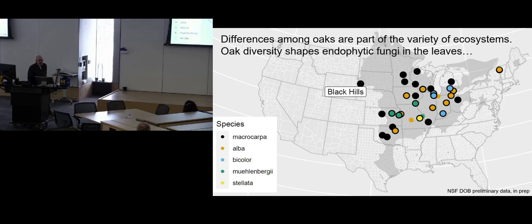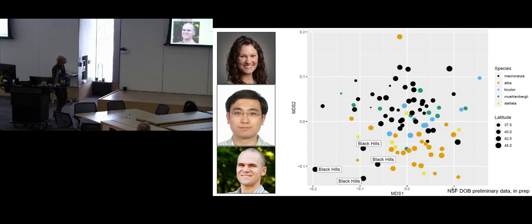And when we sequenced the endophytes within the leaves, each of these points is one tree that we sequenced. The position on this ordination reflects the composition of the endophyte community within the leaves. And what you see is that bur oaks and eastern white oaks and swamp white oaks are differentiated from each other to a certain degree in their endophyte communities.